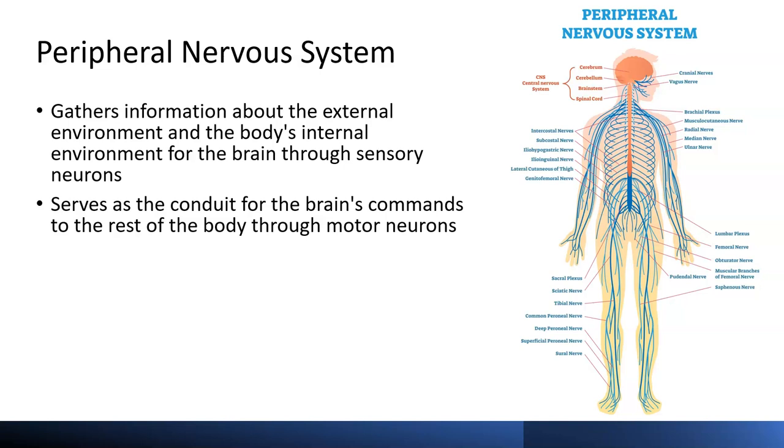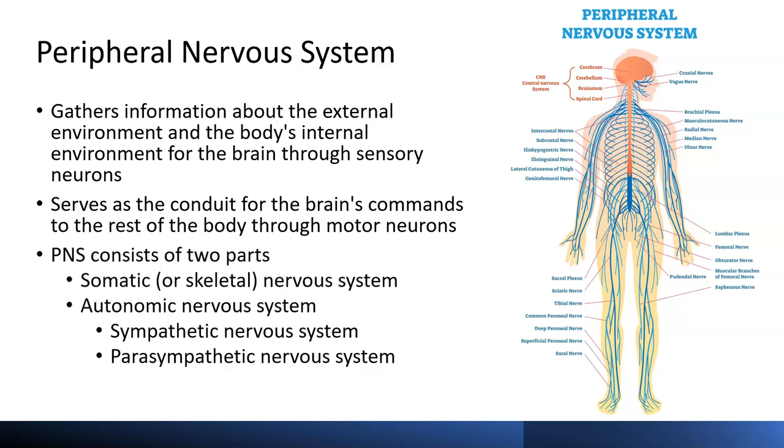But at the same time, it's also an outgoing system. Some nerves are specific to incoming information, some are specific to outgoing. They are often interconnected with one another, but they're designed to send out commands from the brain to the rest of the body through what are called motor neurons.